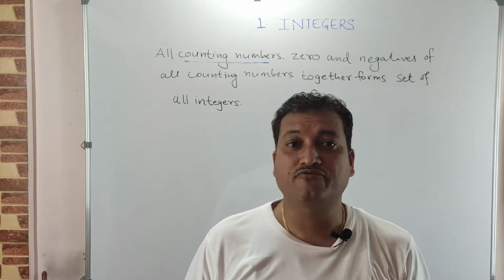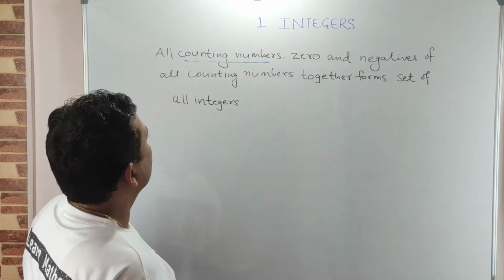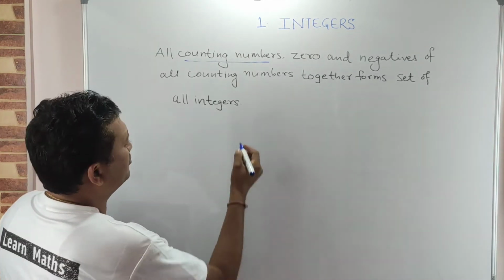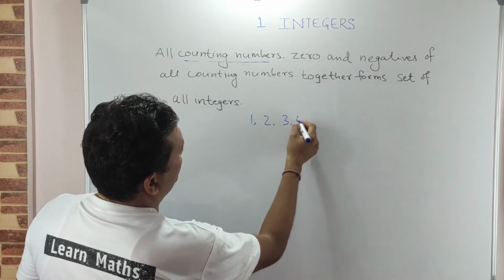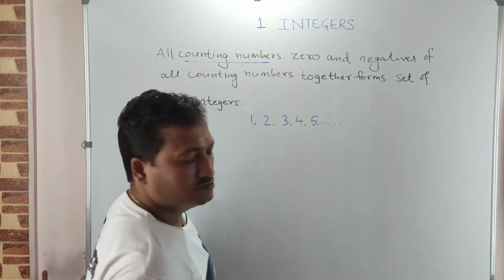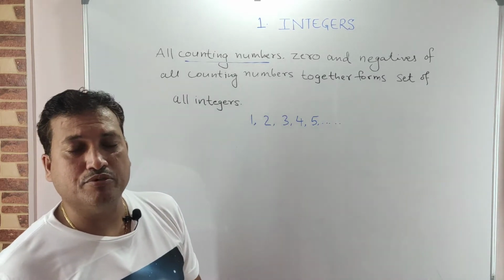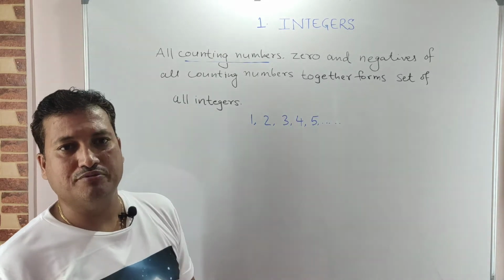And counting numbers start from 1. So all counting numbers are 1, 2, 3, 4, 5 and so on. There are infinite counting numbers. There is no end of counting numbers.